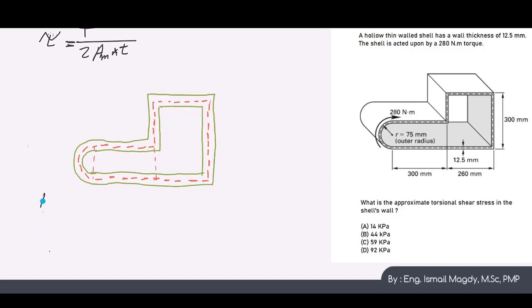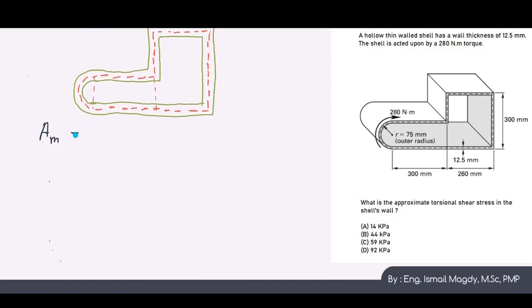So we will say that area median equals 300 minus 12.5, which is the wall thickness, multiplied by 260 minus 6.25, because this time we have half the wall thickness only from one side.